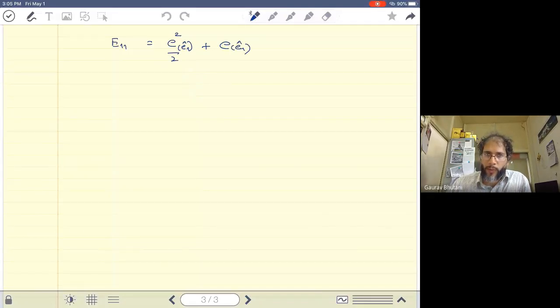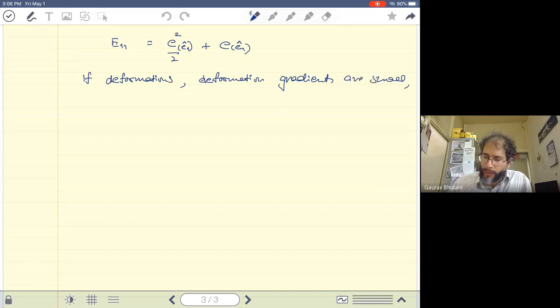So now you can see that we have been working with finite strain tensors here, not infinitesimal strain tensors. So now under the approximation that we have infinitesimal strain theory valid, that is, if your deformation and deformation gradients are small, then what we see is that e squared is much, much less than 1.